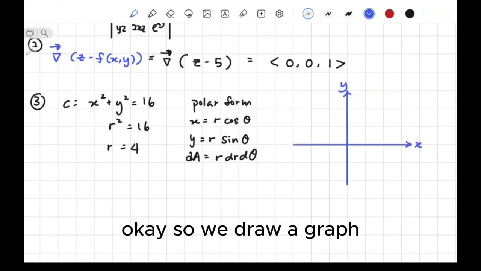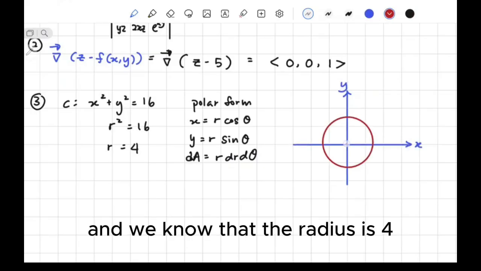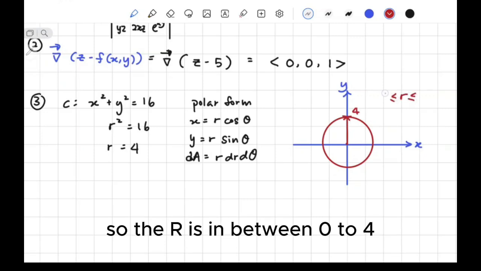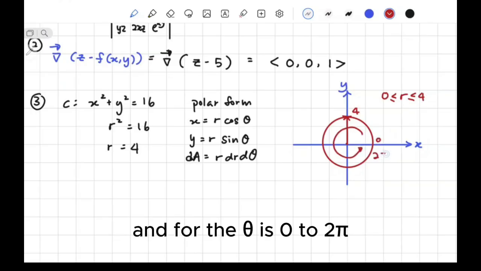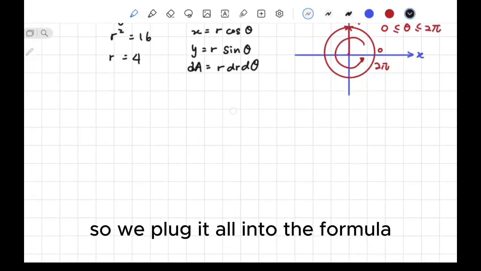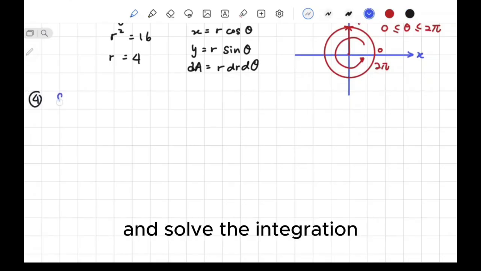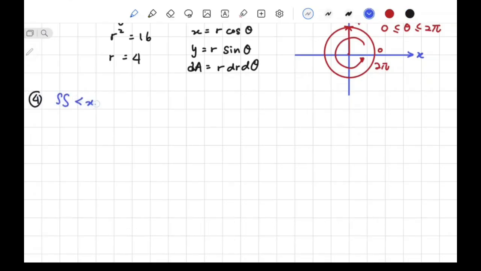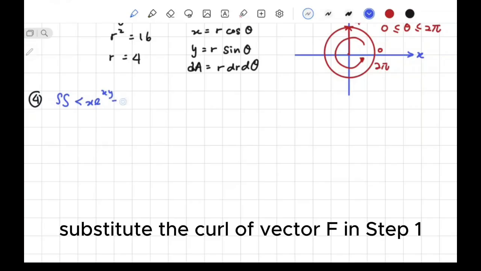We draw a graph, and we know that the radius is 4, so r is between 0 and 4, and theta is from 0 to 2 pi. Now we have all of the information, so we plug it all into the formula and solve the integration. Substitute the curl of vector F from step 1.